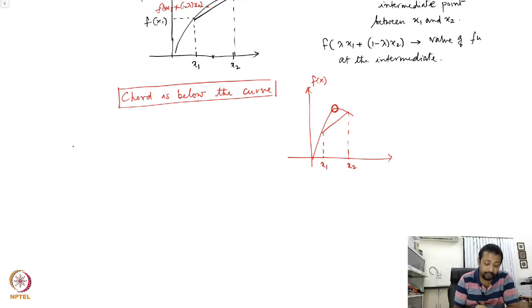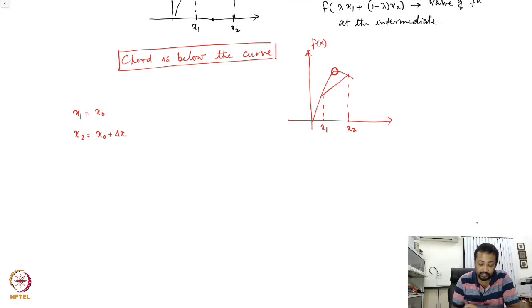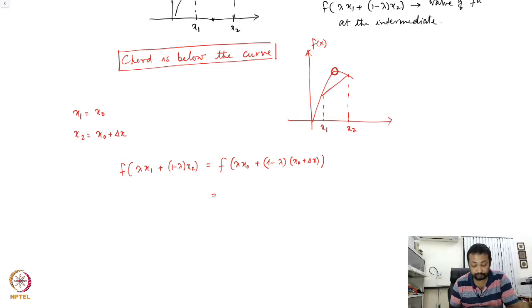Now for that purpose, let us write down x1 as x0 and x2 as x0 plus delta x. If this is the case, then f of lambda x1 plus 1 minus lambda x2 is equal to f of lambda x0 plus 1 minus lambda times x0 plus delta x. One can expand this now, right?